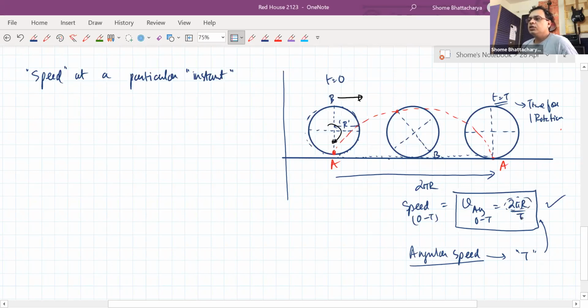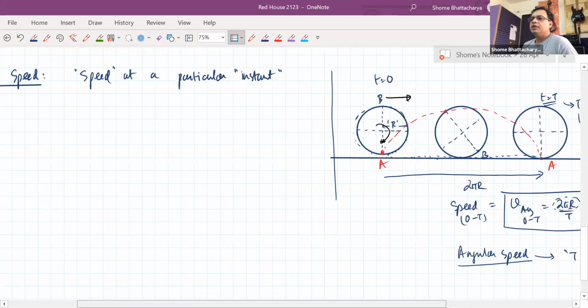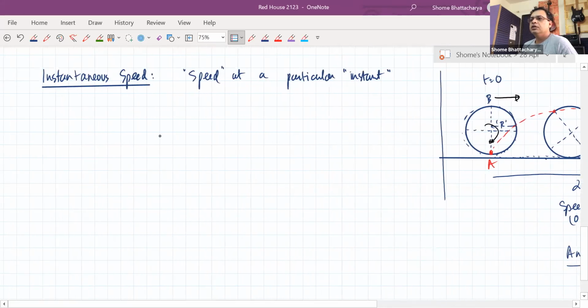So in that case, it is measuring the distance traveled upon time, but for a very, very small interval of time. That is what we mean by instantaneous speed. Instantaneous speed in that sense is again the rate of distance with respect to time, but for an extremely short amount of time.